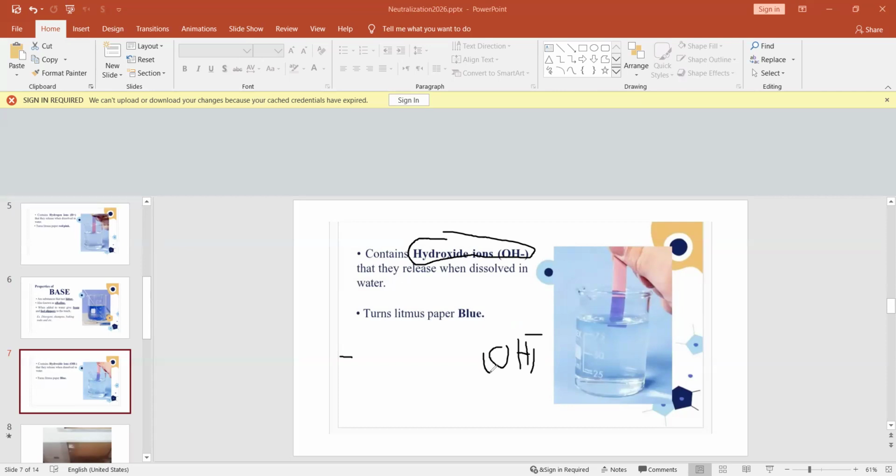Another property of the base is that they turn the litmus indicator blue. To which color? Blue. So when we dip a litmus indicator into the solution and the color of the litmus paper turns blue, it indicates that the solution is a base. So let's go ahead.